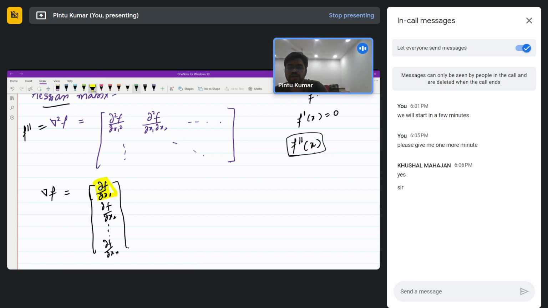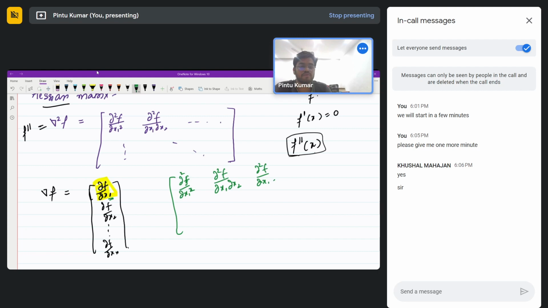So for the Hessian matrix, your first row becomes del squared f by del x1 squared. So this is del square. You are again differentiating with respect to x1 for the first position. For the second position, you already have a differentiation with respect to x1, and now you are differentiating with respect to x2.